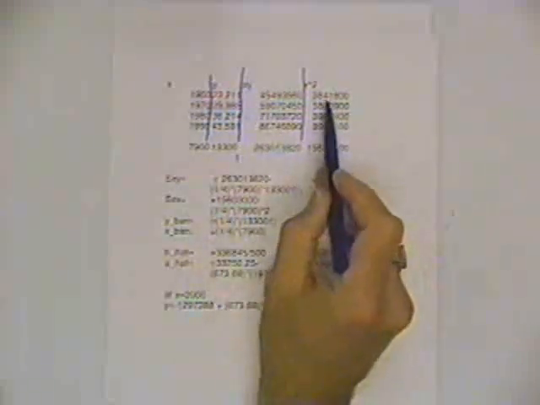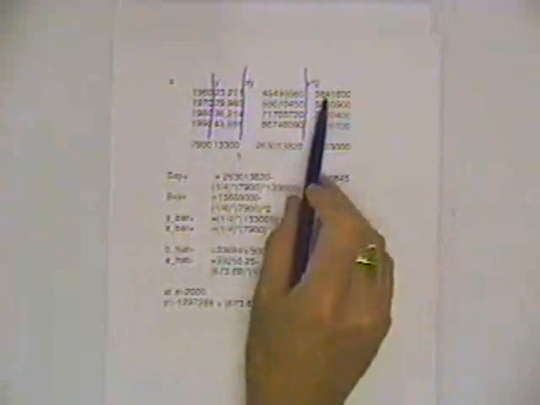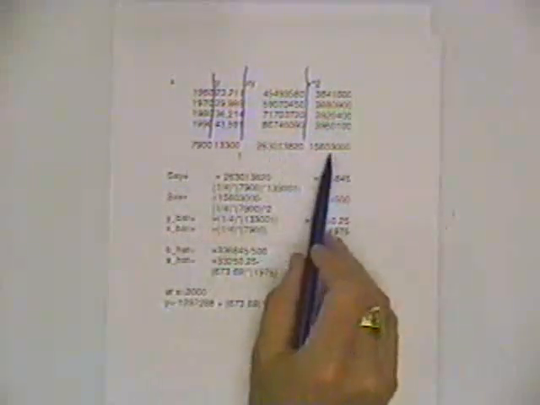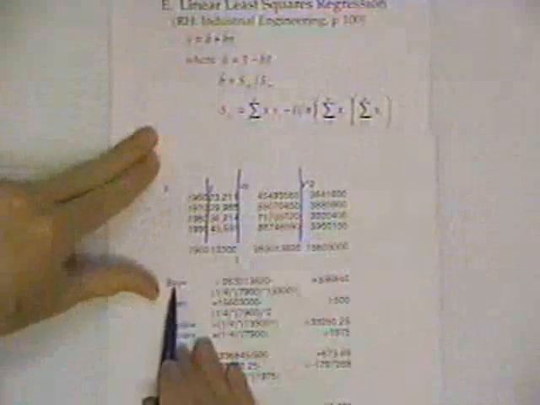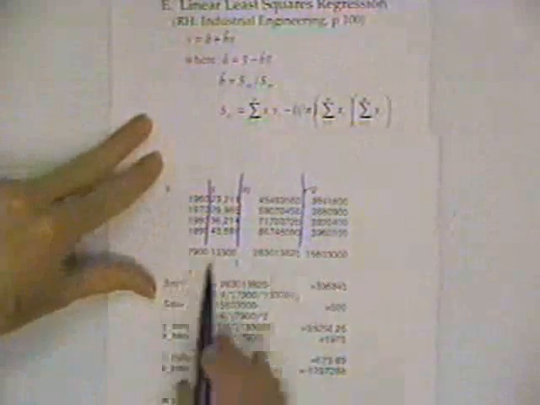You're also going to have to calculate the sum of the squares of the X's: take the X value, square it, and sum it up. So then you have the values of X, Y, the product X times Y, the square of X, and the sum of X, the sum of Y, the sum of X times Y, and the sum of X squared.